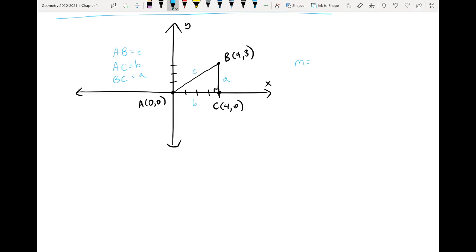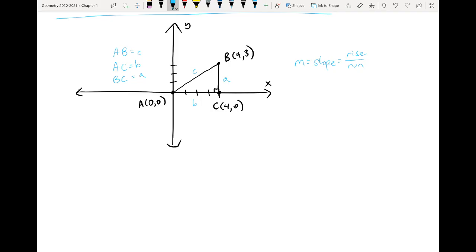Slope was the variable m, which, if you had Mr. Isaac or myself, you probably heard this many times, rise over run. It's the change in y, the vertical change, rise, over the change in x, the horizontal change, run.